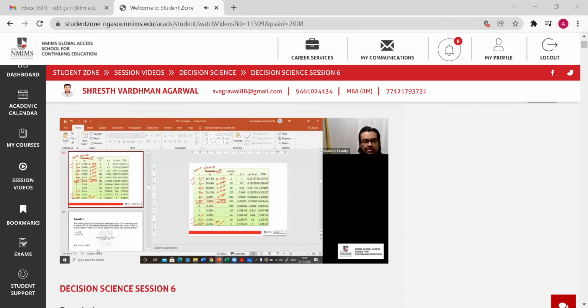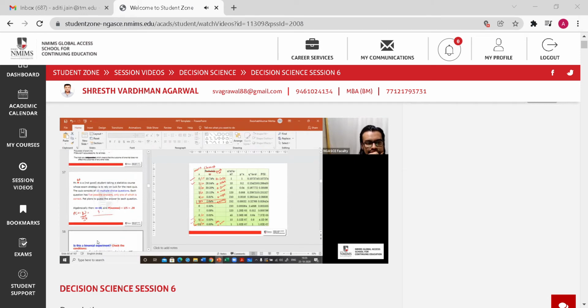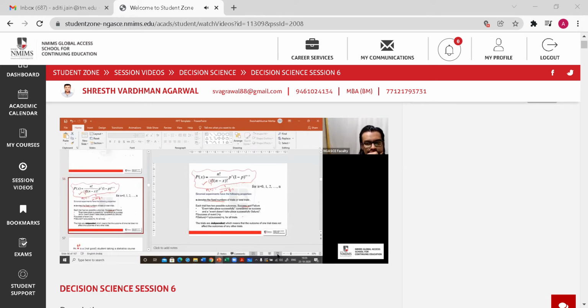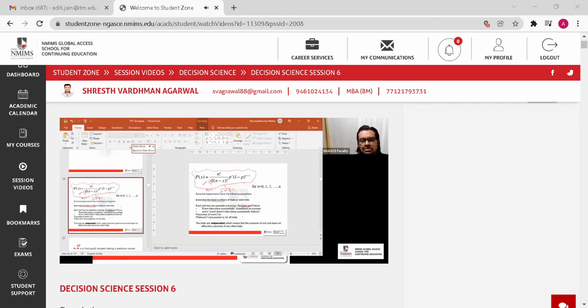Probability of failure. Now you just tell me, if we understand mathematics, this is called what? This is a PMF. We have studied. So this is a very simple structure of PMF.